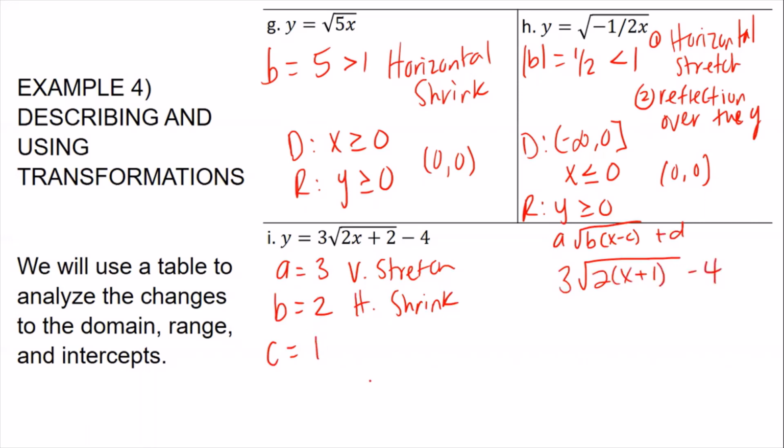So your c actually equals 1, which means that it went -1, I'm sorry, so that means it went left. I'll let you figure that out on your own on purpose. And then lastly, our D affects our y, it's just -4. So it went down 4. Those are all 4 of the translations that took place.